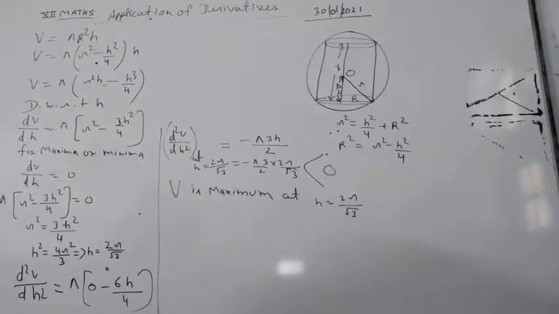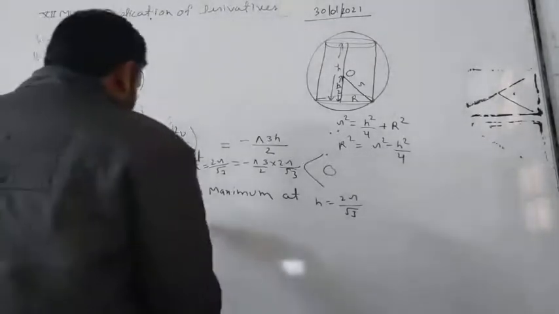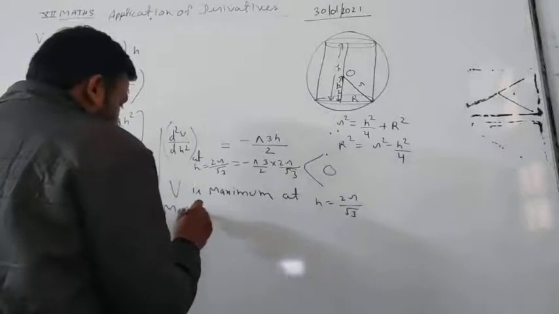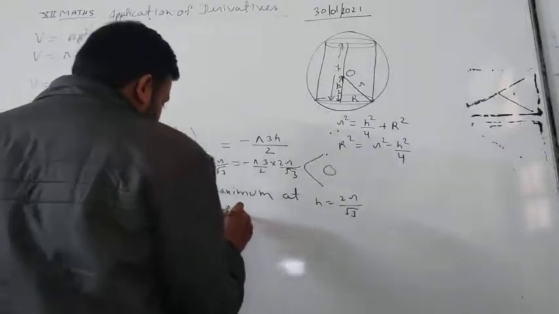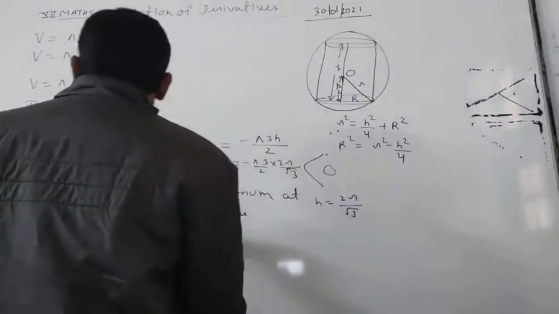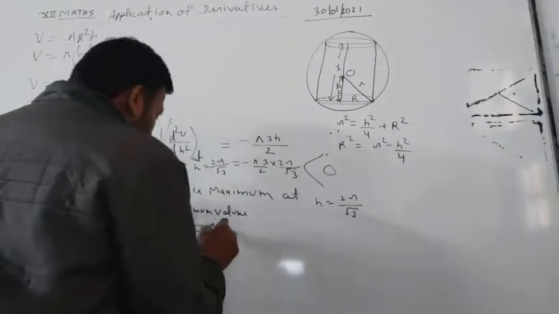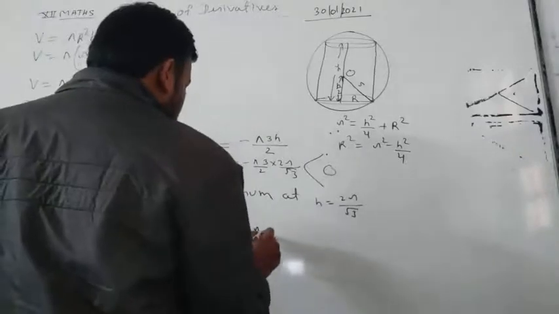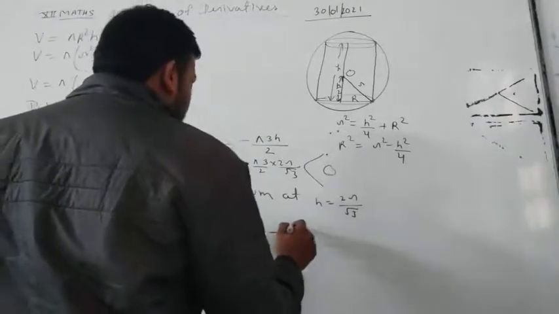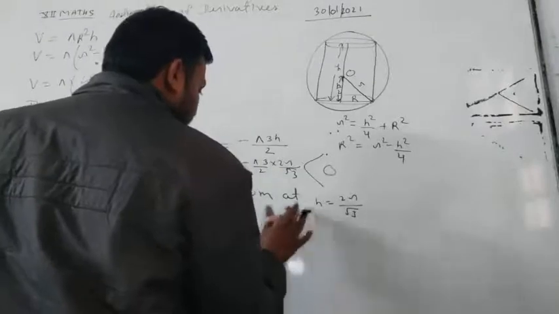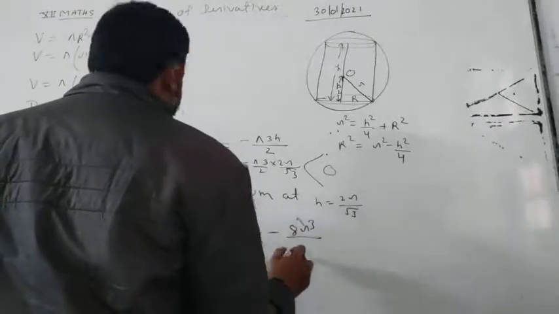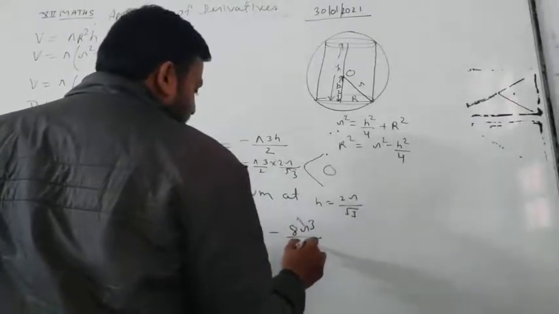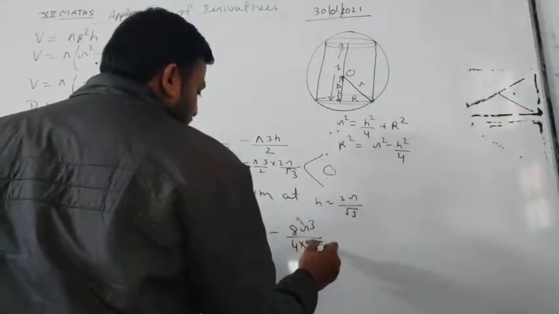Okay, now if we have to find its maximum volume, then we can find the maximum volume, students. Its maximum volume will be equal to pi times r square times h, which is 2r by root 3, minus 8r cube by 4 times 9 root 3.